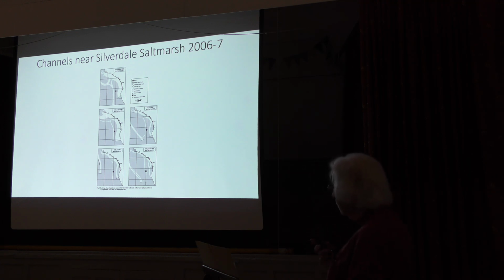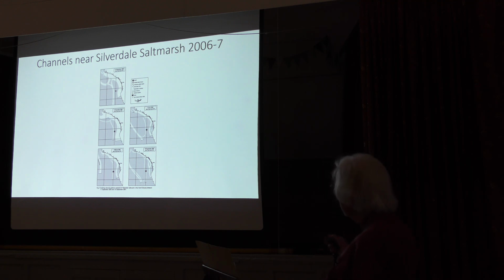Although I drew maps at monthly intervals associated with each of my monthly measurements of the erosion, these maps have just been plotted at 3 monthly intervals. So that in fact is September 06, December 06, March 07, June 07 and September 07.